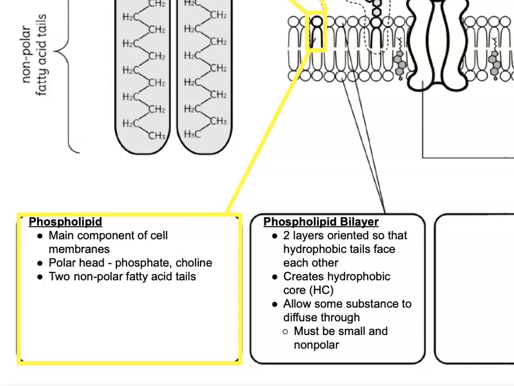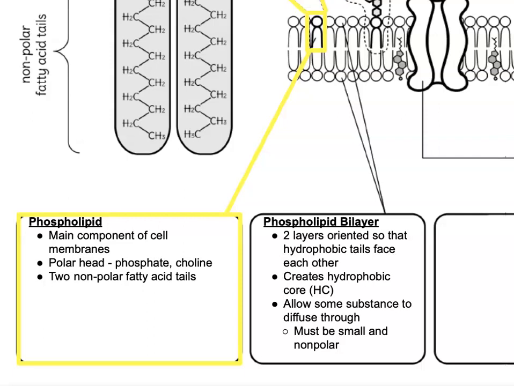The phospholipids are going to come together and form two layers of phospholipids, which will be oriented so that each layer has its hydrophobic fatty acid tails facing each other in order to create a hydrophobic core.